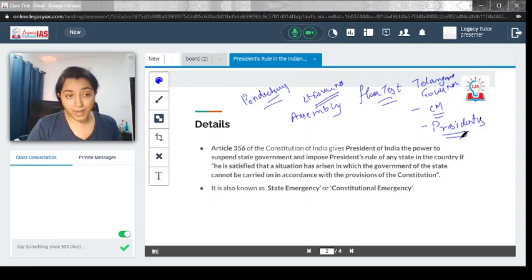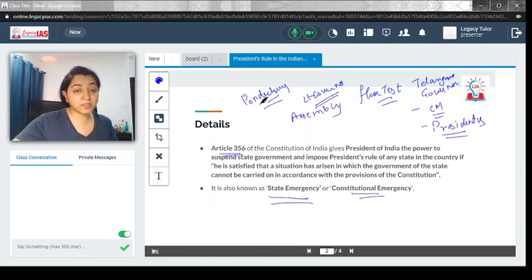Now, let's come back to the polity part. The politics behind all this is not very important, but the polity is. So let's quickly go through it. Article 356, just remember, is the article which deals with what is also known as state emergency or constitutional emergency. And what is the content of this article?